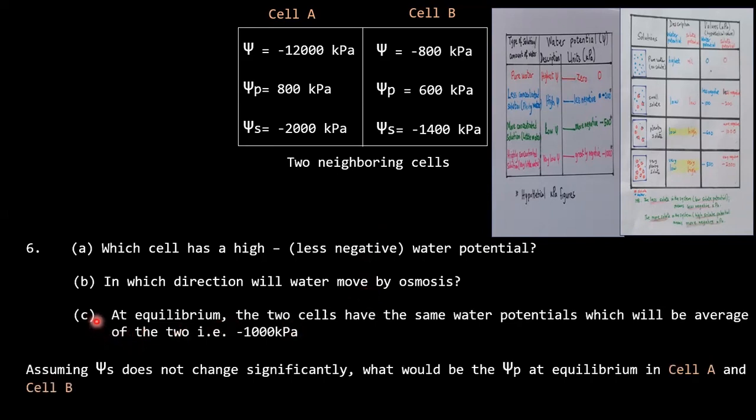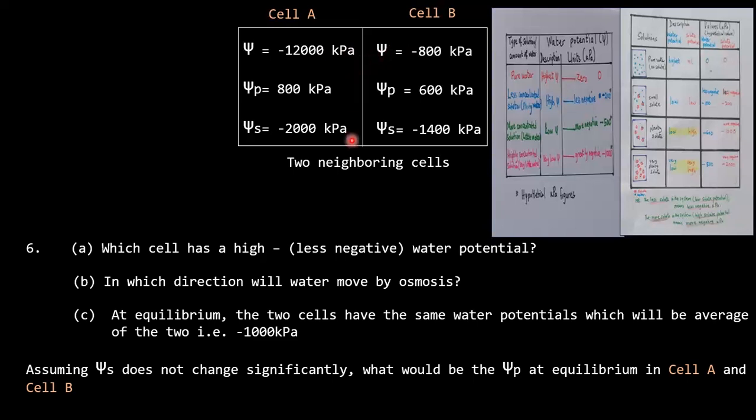This question C here. At equilibrium, the 2 cells have the same water potentials, which will be the average of the 2. So cell A has this water potential, cell B has this water potential. If the 2 are put together, we'll have water potential of 2,000 pascals.